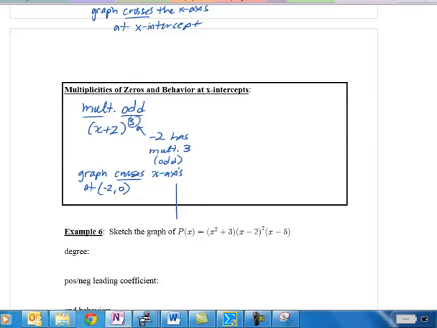So I don't know what the rest of the graph would look like, but maybe the graph is going to cross like that.